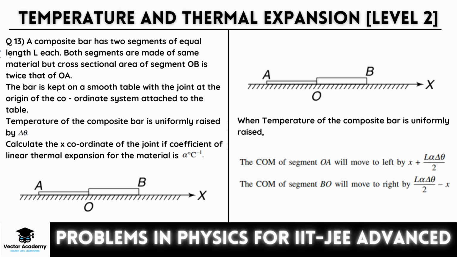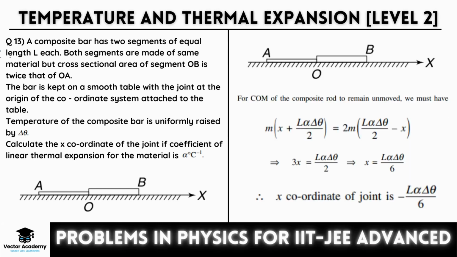When temperature of the composite bar is uniformly raised, both segments OA and BO will expand. Since mass of segment OA is less than mass of segment BO, the center of mass of segment OA will move to left by x plus L alpha delta theta by 2. And the center of mass of segment BO will move to right by L alpha delta theta by 2 minus x.